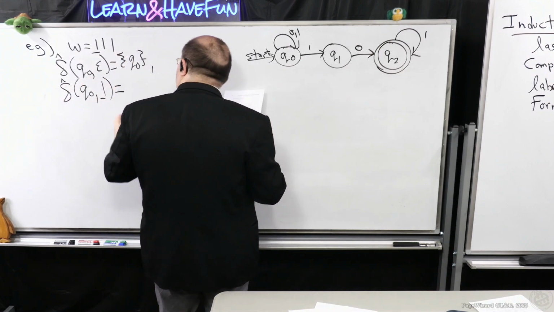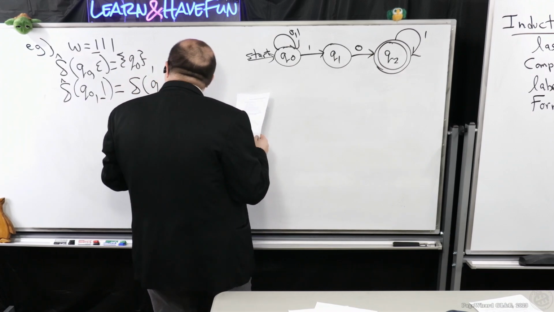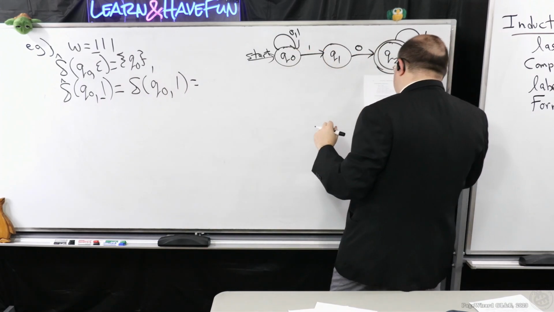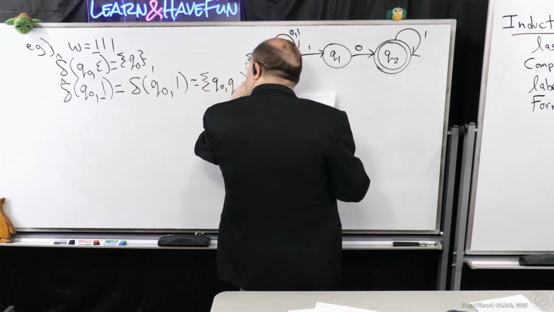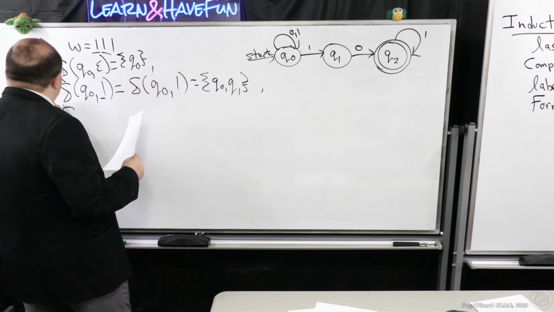So on 1, we're going to apply the transition function. Q0 on 1. On 1, notice it can be Q0, Q1, right? Now, let's read the next symbol.